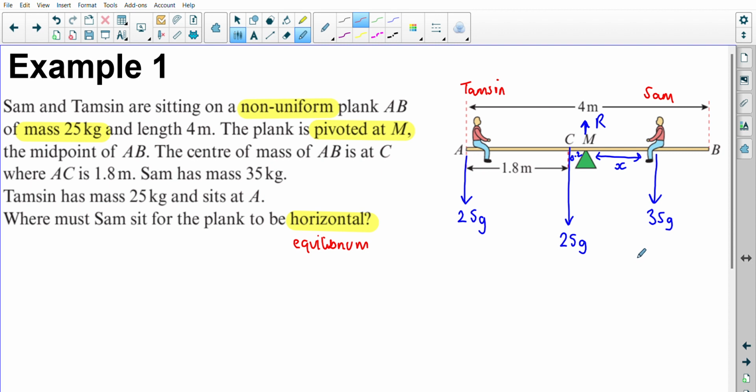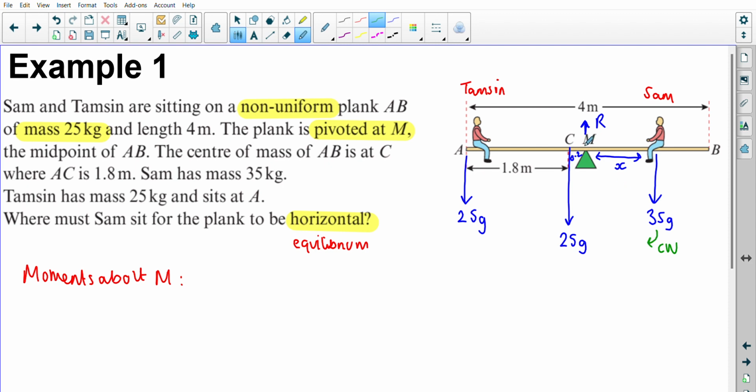I'm going to start by looking at moments, and in particular moments about M. Looking at the forces I've got, I'm going to have a moment here in a clockwise direction, that's the weight of Sam.